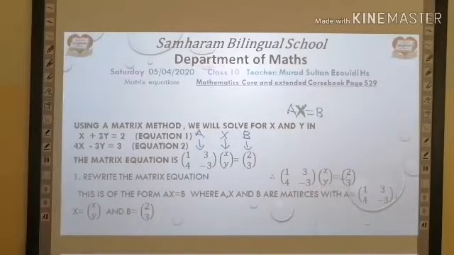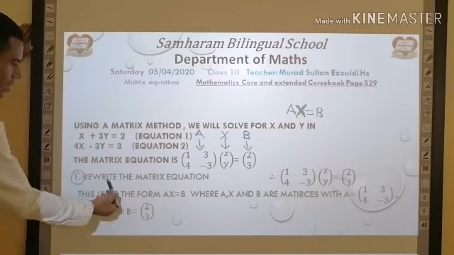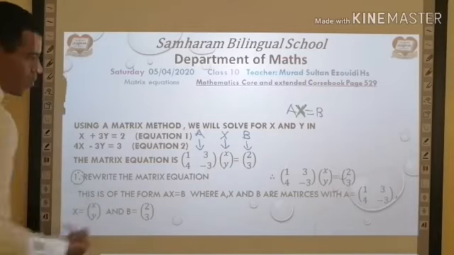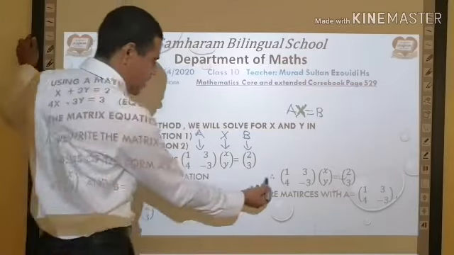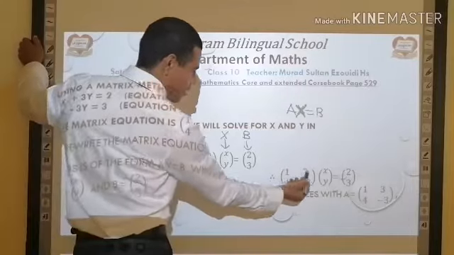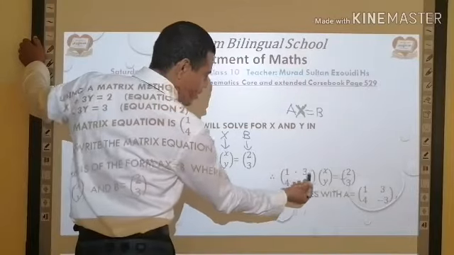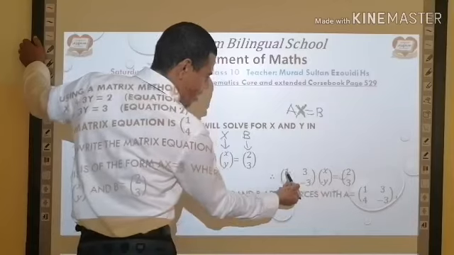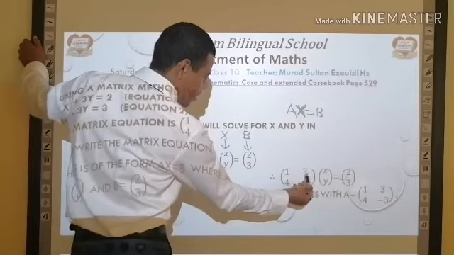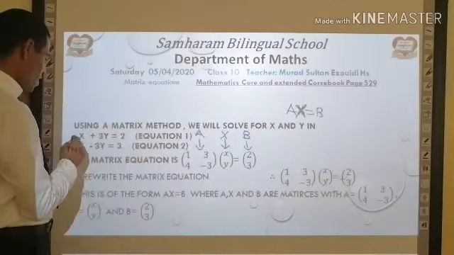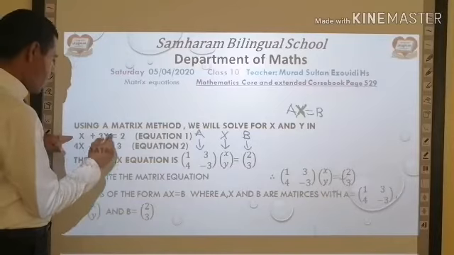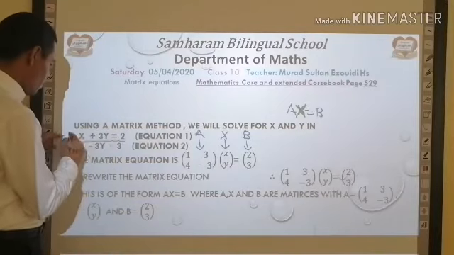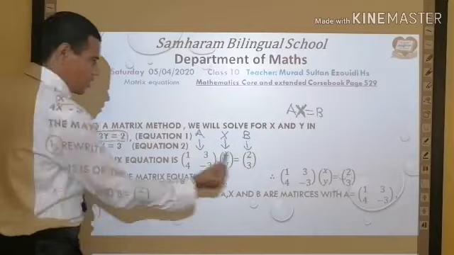So, first of all, the first step, my kids, we will rewrite the matrix equation. This is the matrix equation. 1 times x is x, 3 times y is 3y, so x plus 3y equals 2.